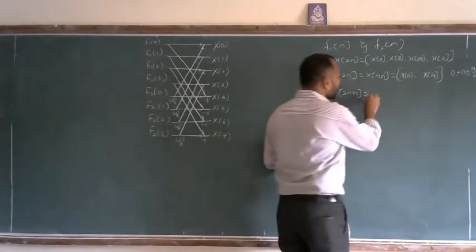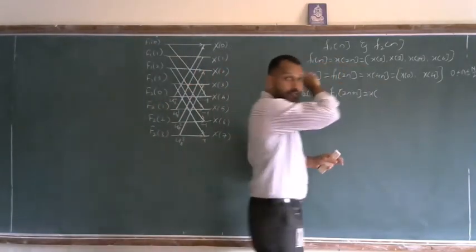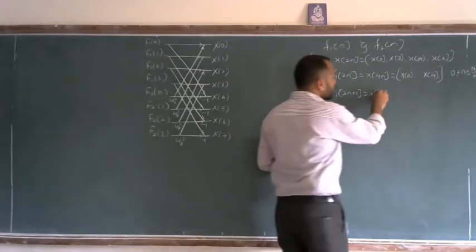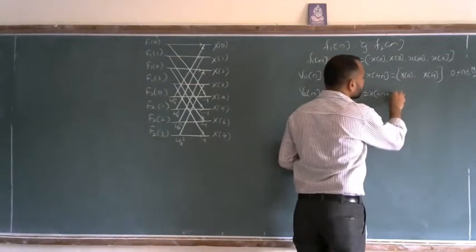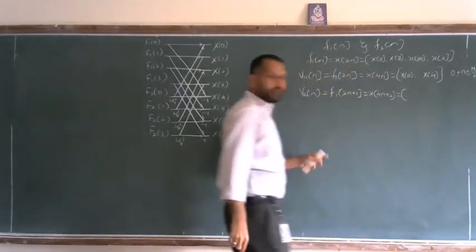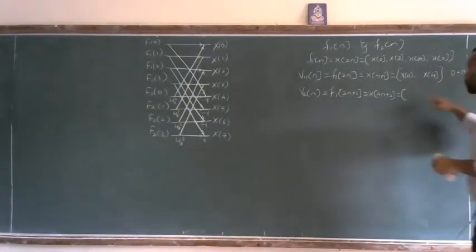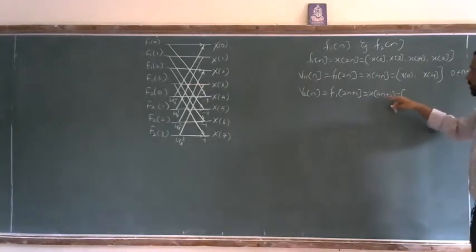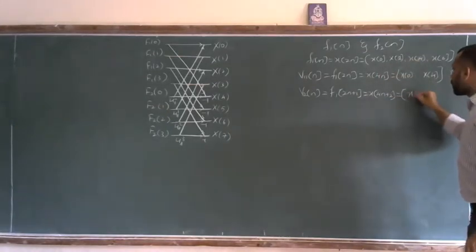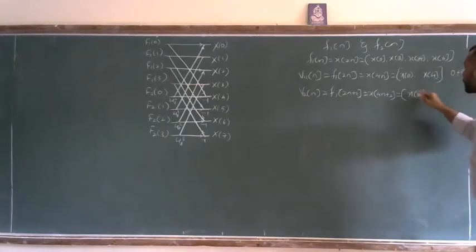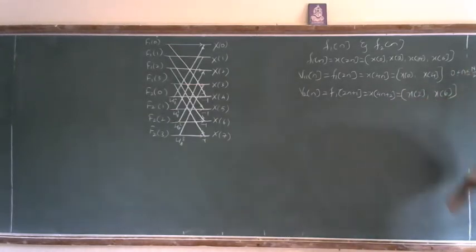Now if you want to write this with respect to the x of n sequence, then it will be x of 4n plus 2. If you substitute n equals 0 and 1 in this equation, it will give us the odd numbered samples, and those are x of 2 and x of 6.